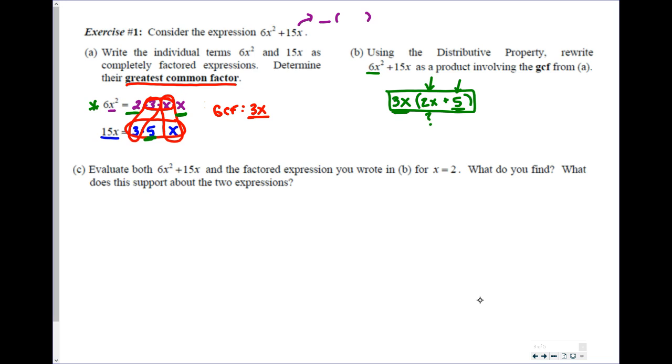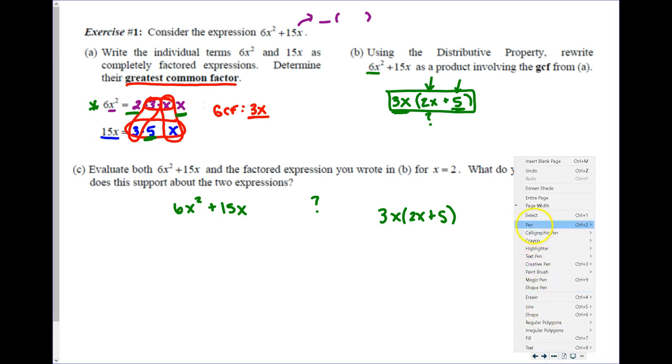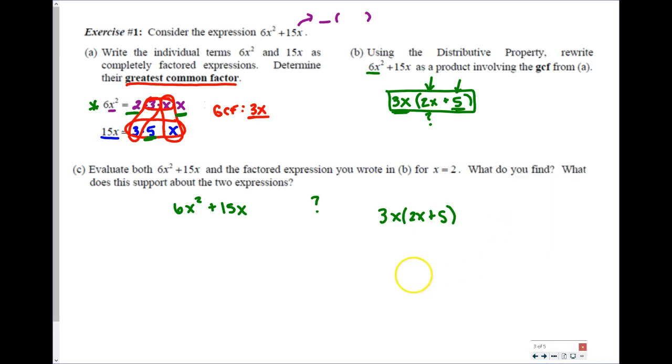So we've got these 2 expressions. We've got 6x squared plus 15x, and this is not something I'm ever going to ask you to do. But what I want to do is say, hey, look, how do I know these 2 things are equivalent? Am I sure that they're the same? I mean, we can see that they're the same based on what I've taught you, but let's just double check. So it wants me to take this x equals 2, and replace that in all of these expressions to see if we get the same answer.